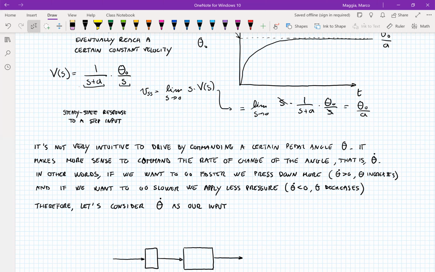I don't know. You don't really do that. When you drive, you modify your speed by increasing or decreasing the gas pedal. So you're commanding really the rate of change of the angle. So in other words, your input is really theta dot, the rate of change of the angle.